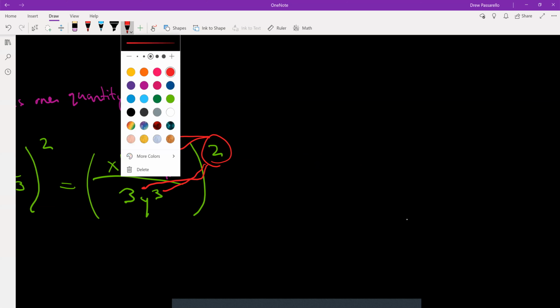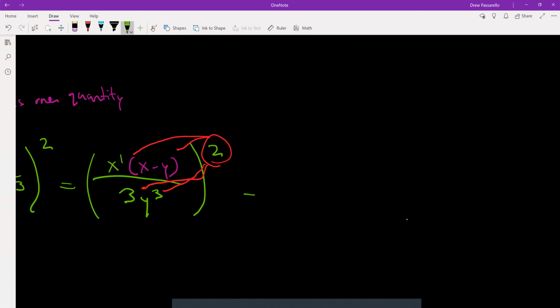So it'll be 3 squared. And I guess I can go ahead and drop the parentheses since I'm doing the exponent now. So x to the first power squared becomes x squared. And then x minus y, that whole thing in parentheses, is squared. And then on the bottom, I do 3 squared. And then y to the 3 times 2, I multiply the exponents. So that'd be y to the 6.